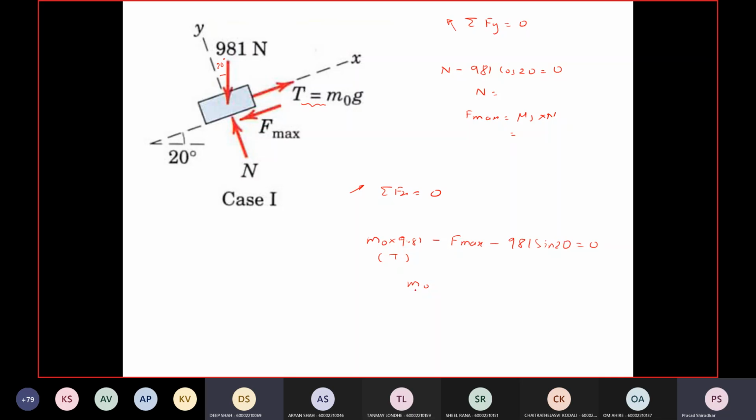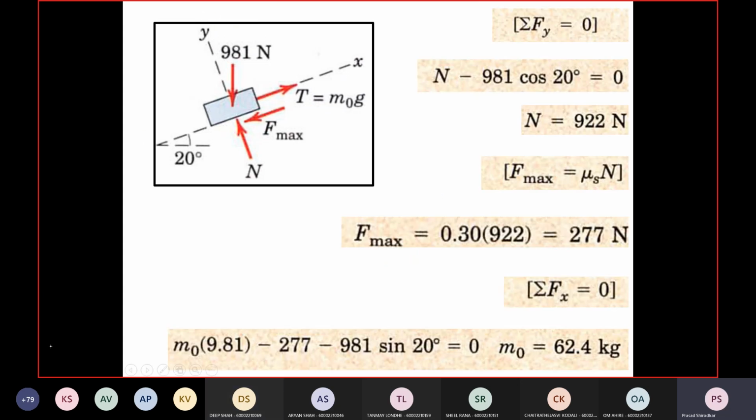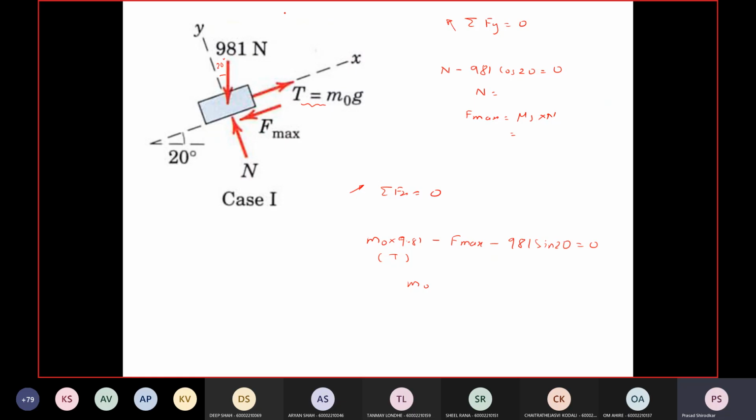Sir, what is the value of the static coefficient? Mu static is 0.3.